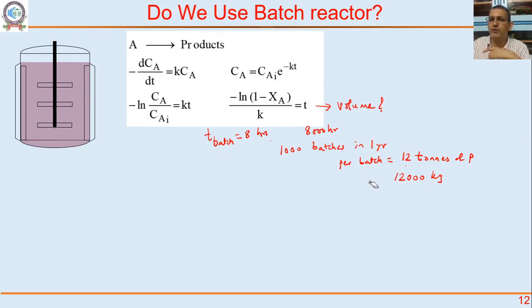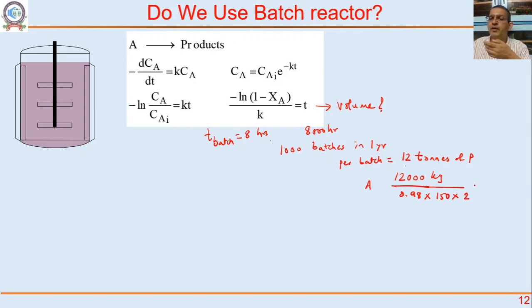How much of A would be there? Divided by 0.98, since 98% is reacting, divided by 150, so many kilomoles, divided by the initial concentration.